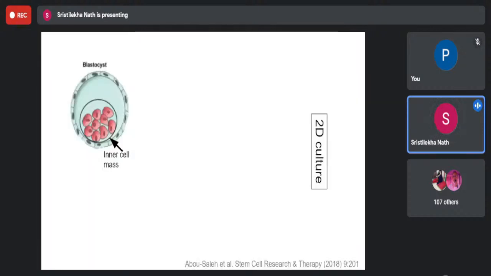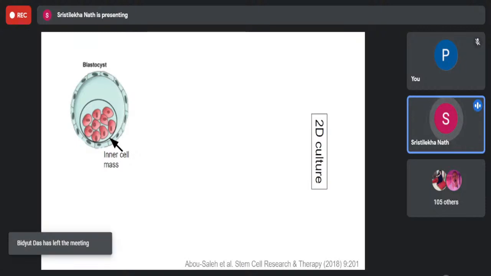So in 2D culture, I am talking about stem cell culture. This is the blastocyst stage of an embryo that contains the inner cell mass surrounded by trophectoderm. This inner cell mass contains a group of cells, the embryonic stem cells. All the biology people will know, this is the basic.